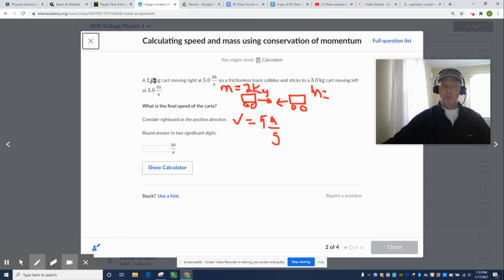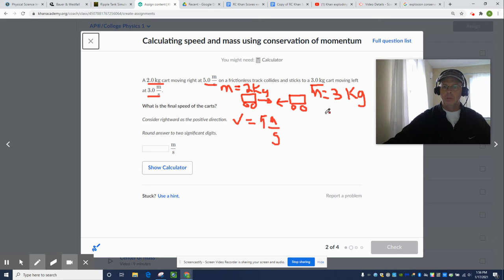So we have a small mass going a high velocity and a higher mass going a slower velocity. Well, 2 times 5 is 10, 3 times 3 is 9, so it looks like the light, fast guy is going to win the momentum battle.